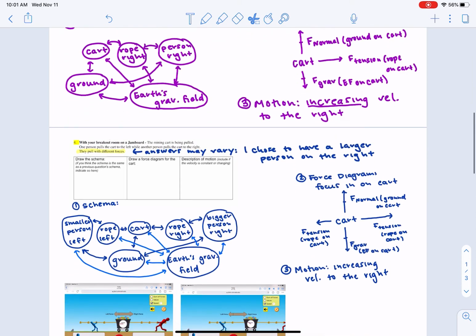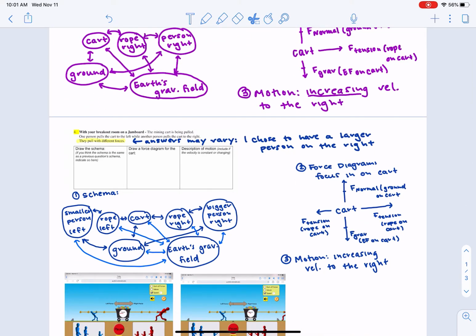In our fourth problem, the force diagram to the right has two arrows that are congruent, the up and down arrows, and then two more arrows that are not congruent. We don't have congruency marks on them. We have a bigger arrow to the right in my case and a smaller arrow to the left. Maybe yours are reversed depending on your setup for this problem.